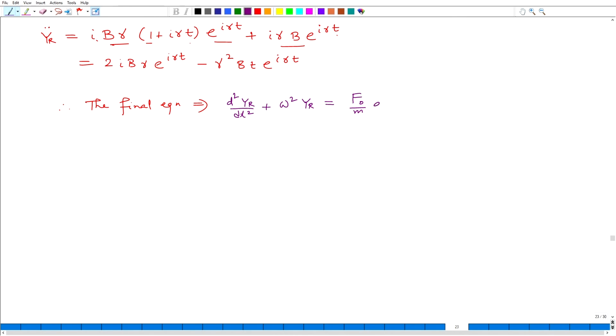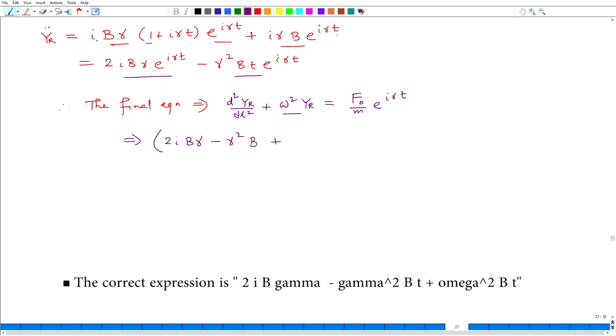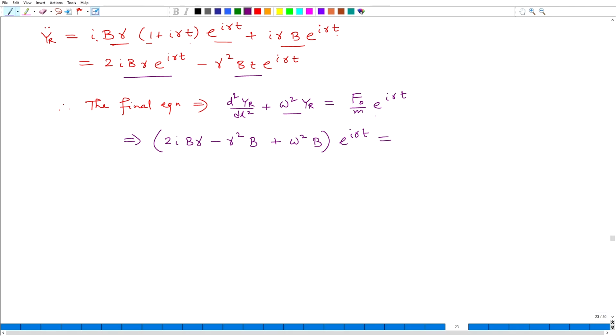Then you simply write 2I b gamma minus gamma square b, I am just writing these two terms, and then plus this term omega square b, e to the I gamma t is equal to f0 by m e to the I gamma t.